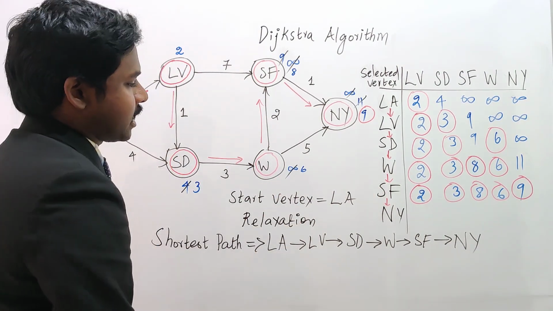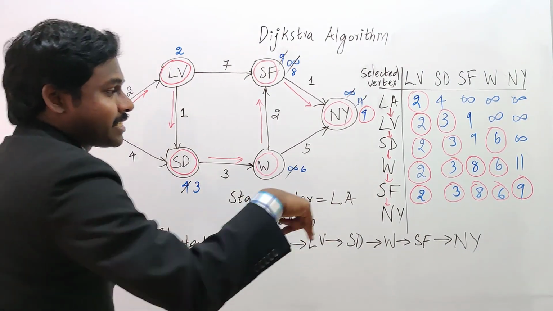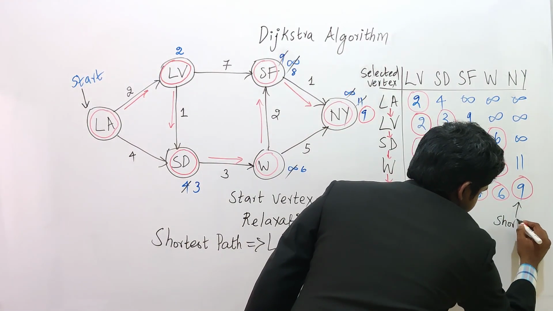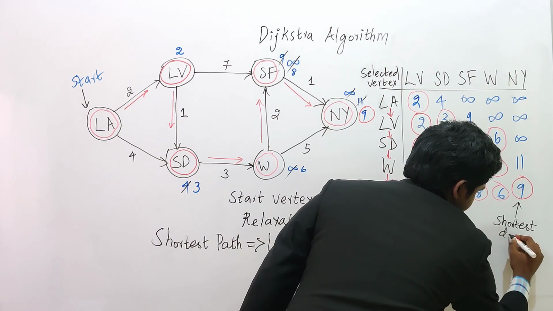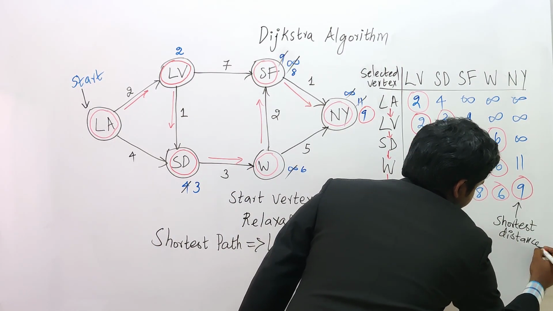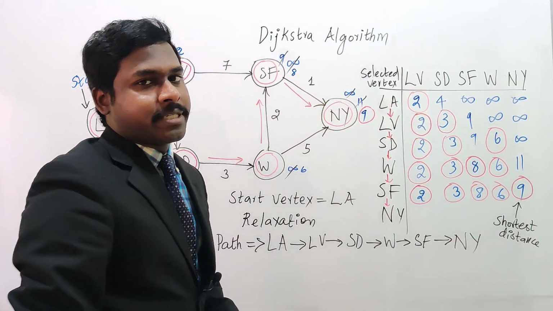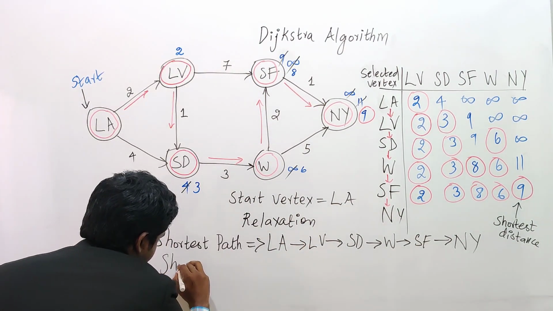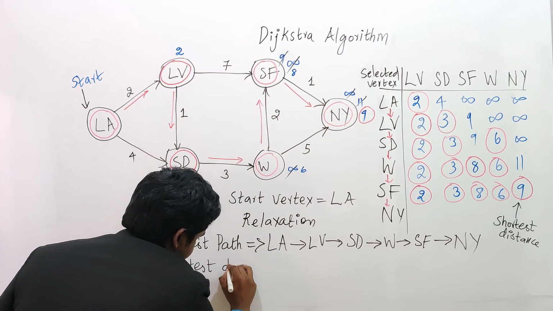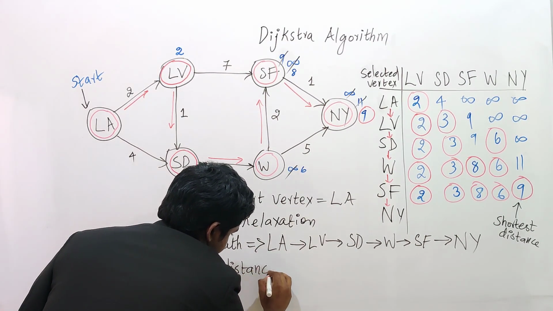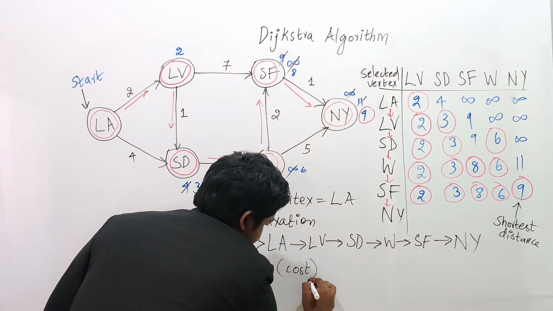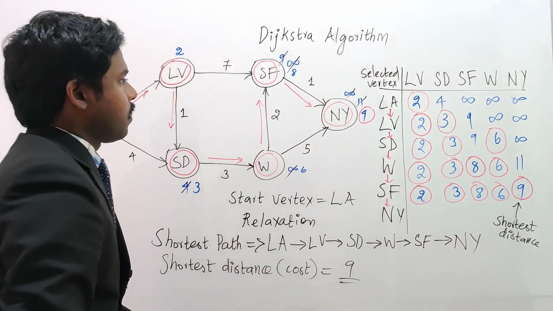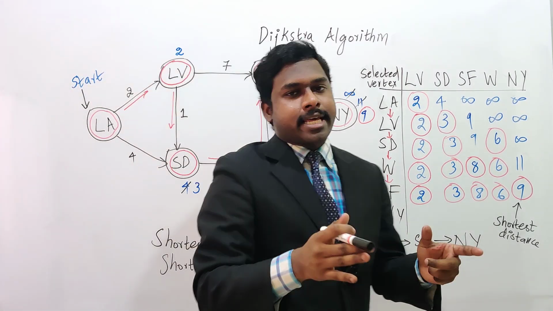Now, what is the shortest distance? The final distance which you obtain will be the shortest distance, or the cost, which is equal to 9. There you go. So this is all about the concept of Dijkstra algorithm.